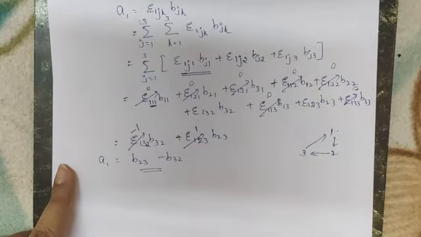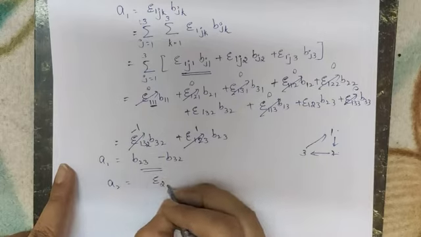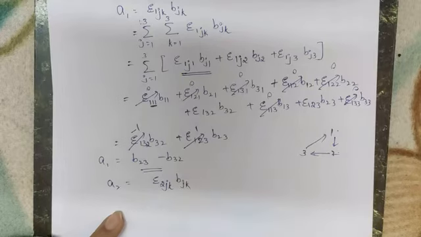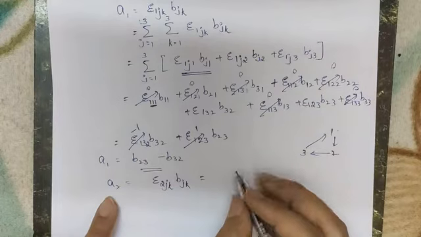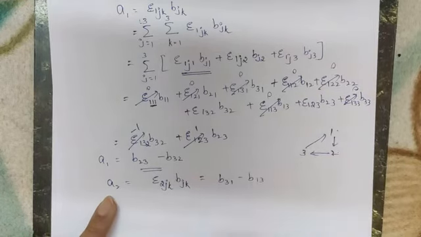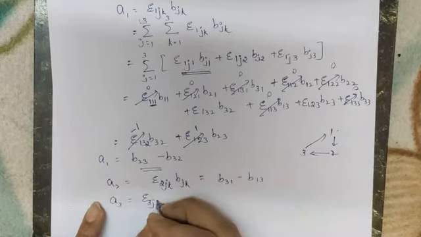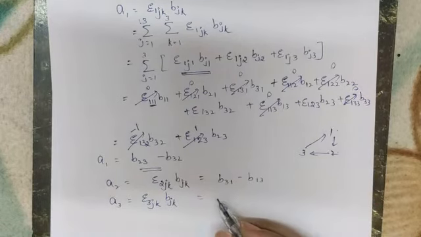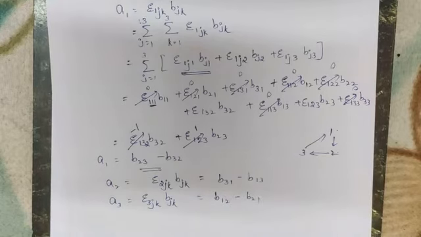So similarly, find out the value of a2. a2 will be epsilon 2jk bjk. So use the same procedure. You will get a2 as b31 minus b13, and a3 will be epsilon 3jk bjk. Use the same procedure. You will get a3 as b12 minus b21.